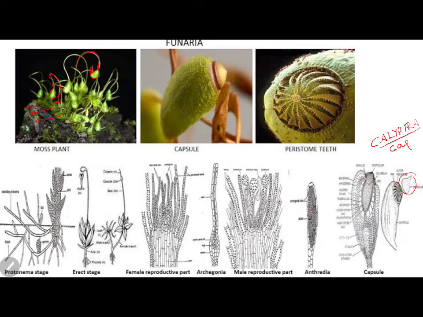In the capsule, meiosis occurs and the spores are produced. Once the spores are matured enough for dispersal, the work of the capsule is done. In plant physiology, whenever the function of an organ is completed for the life cycle, the organ of the plant degenerates. Fruit is meant for the dispersal of seeds.